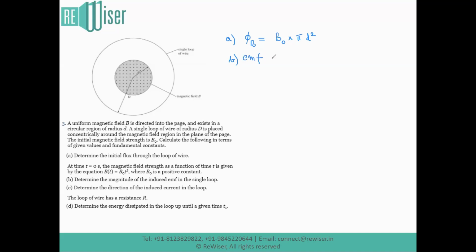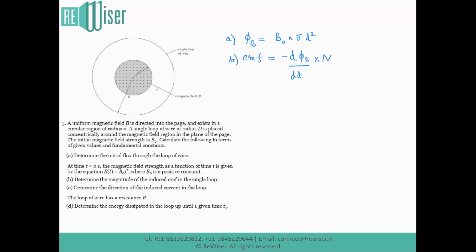The magnitude of induced EMF, or electromotive force, is given by Faraday's law under electromagnetic induction, which states that the induced EMF is equal to the negative derivative of the magnetic flux with respect to time. If the number of turns is n, then we have n times the particular value.